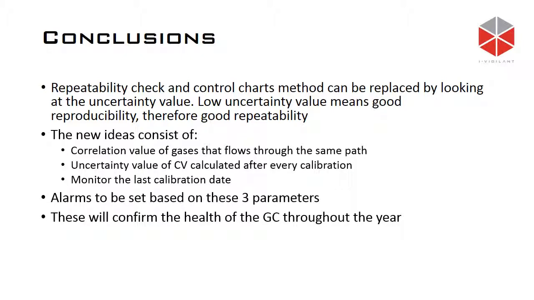And therefore it basically confirms that the GC is healthy throughout the year. And in case something goes wrong, we can most of the time know before it actually goes really wrong, because normally GCs drift rather than go into a failure abruptly.